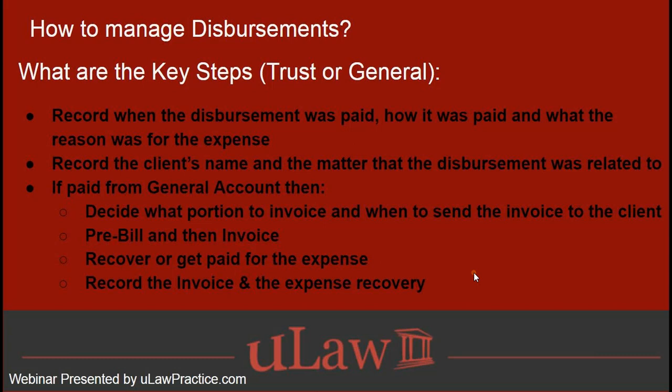For example, in a corporate law matter, the law firm may say, we're going to generate a monthly invoice, which includes all of the expenses, the disbursements in that particular month. There could be other types of matter where you're invoicing as and when a disbursement occurs. So based on the cycle that you've agreed upon, after you've captured the disbursement, the next step is to generate that invoice.